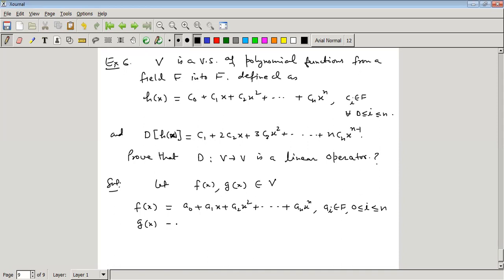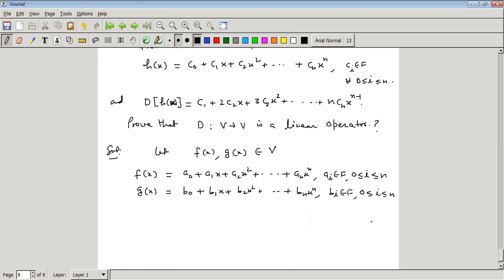So g(x) also looks like b0 plus b1x plus b2x square plus ... plus bnxn, such that all bi belong to the field F and i lies between 0 to n. And we take alpha, beta to be any scalars from the field F. Now, what is alpha times f of x plus beta times g of x?